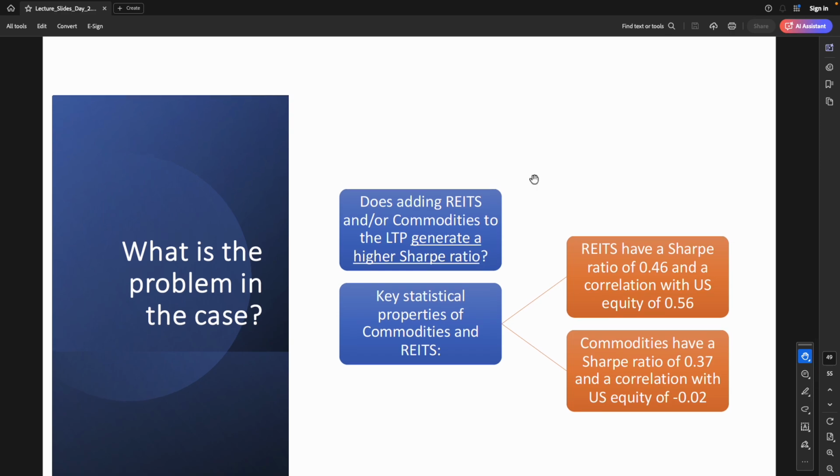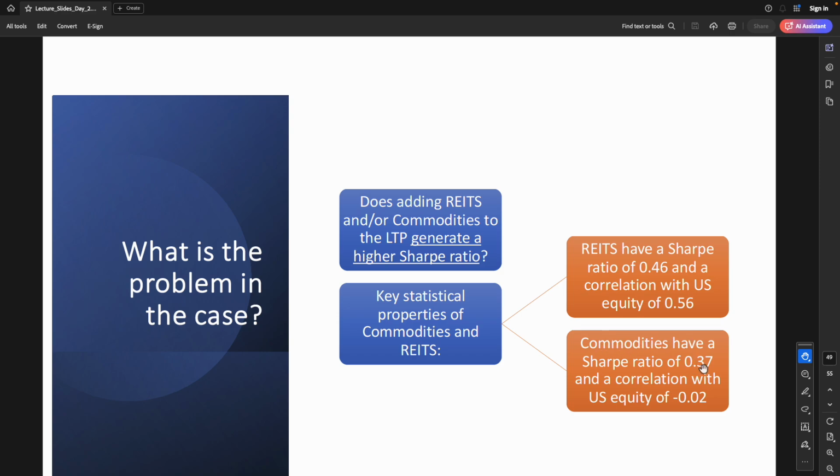Okay, so inside the case, the input data is given to you. So what's the input data? We need to know expected return and the covariance matrix. So here I've been condensing information in terms of Sharpe ratio and correlation. And we see here that REITs have a Sharpe ratio of 0.46, commodities have a Sharpe ratio of 0.37.